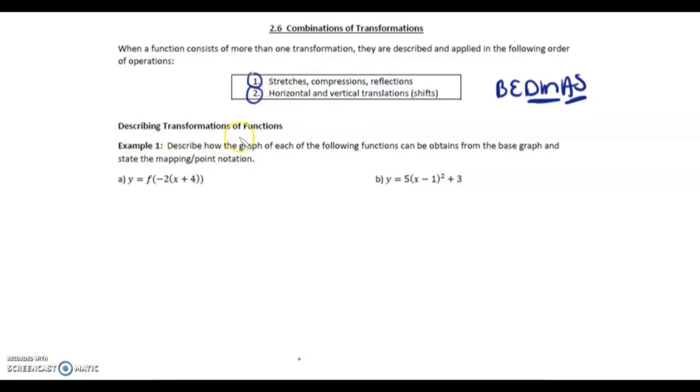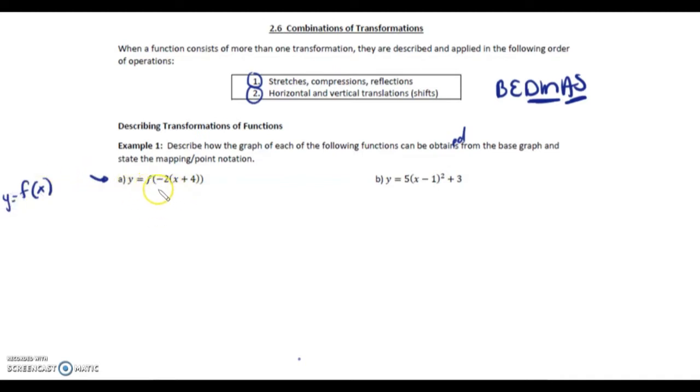So describing transformations of functions. Example 1, describe how the graph of each of the following functions can be obtained from the base graph and state the mapping or the point notation. So the base graph of this one is just f(x), or y equals f(x).